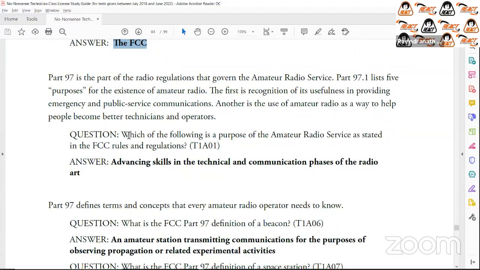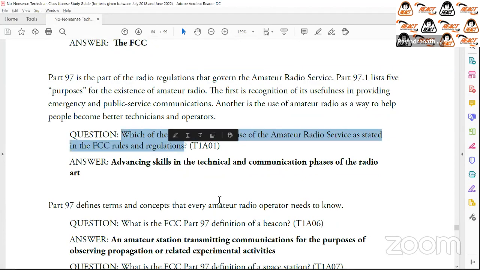Next question. And just before going into the next question, I will remind us that there is a question number after each question. So you notice T1A01 or Tango 1 Alpha 01, that's the question number. So if you're looking at the question pool itself and want to find that question and you're doing a control find on the PDF, you can type this in or copy and paste it and you will find the full question in the question pool.